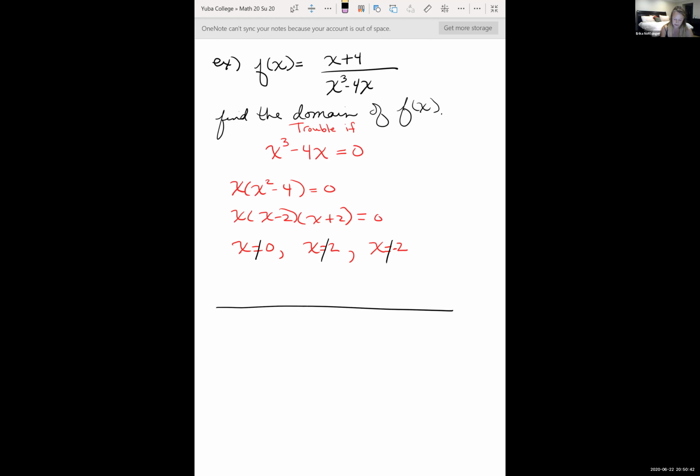So technically, any number other than those 3 numbers would be a solution to our equation. And so we can think of this as any number that is less than -2, anything in between -2 and 0, anything between 0 and 2, and anything bigger than 2.